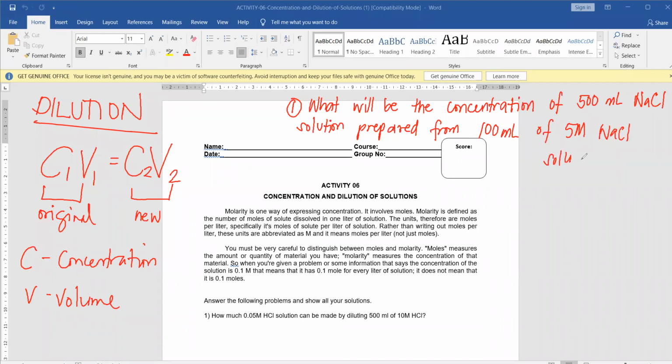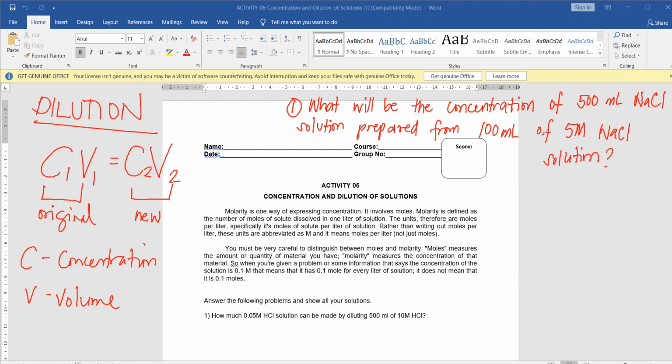Okay. So sa dilution process, syempre, magkapareho lang yung compound natin or yung solution natin. Ang ginawa lang is nagdagdag lang tayo ng most of the time solvent. And then we will compute for the new concentration.